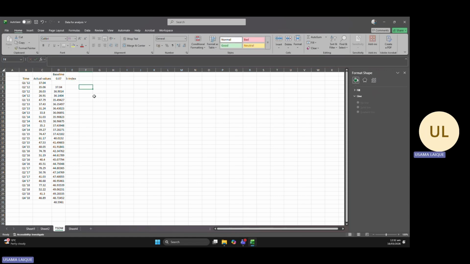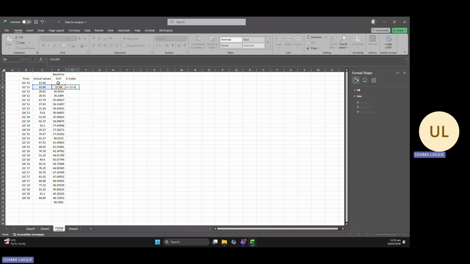An index is something above or below 1 or 100%, right? How can we do that? In order to estimate the seasonal index, since this actual value has a considerable amount of seasonality associated with it, we'll simply take the actual value and divide that by the baseline value.